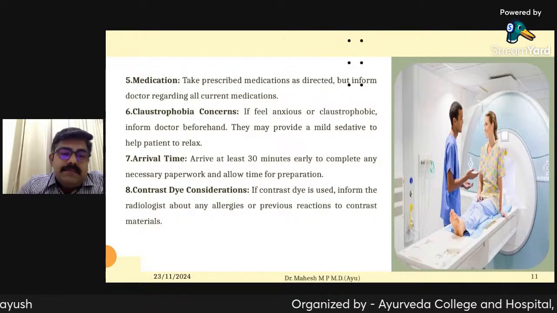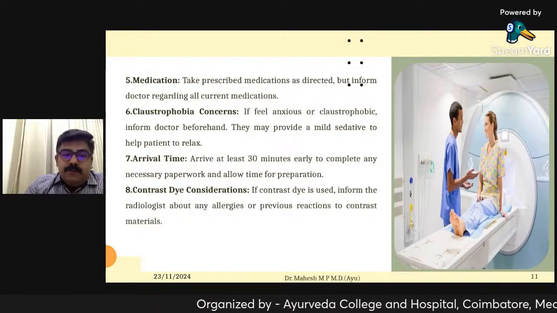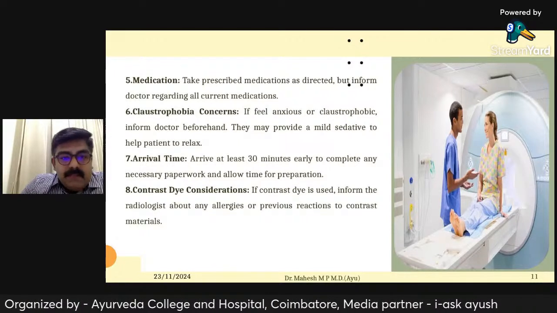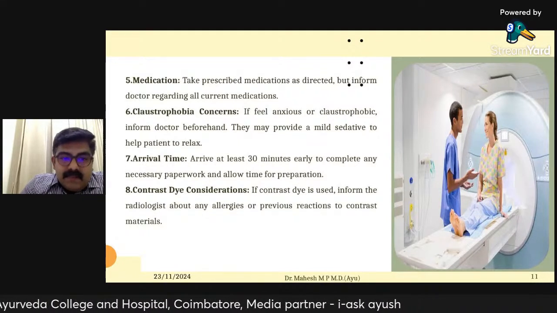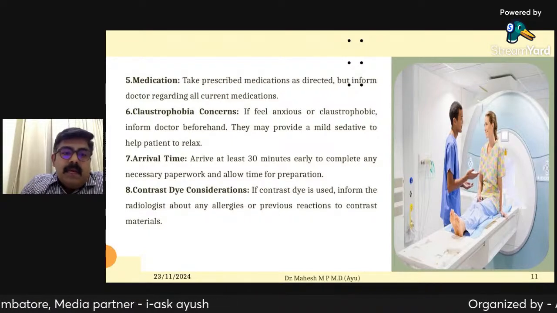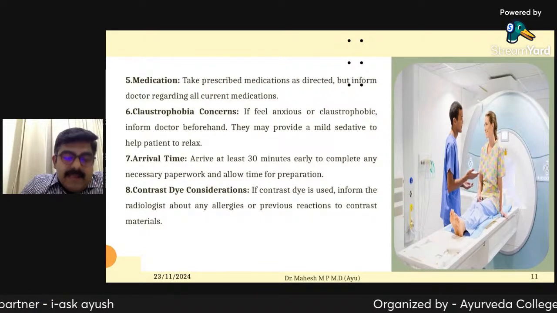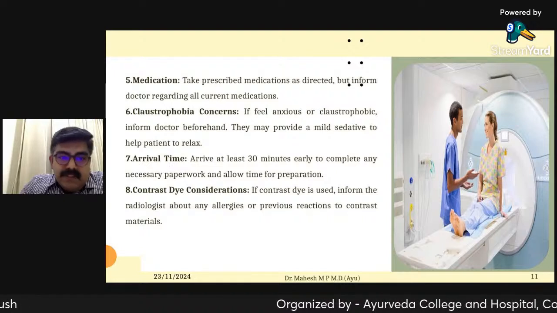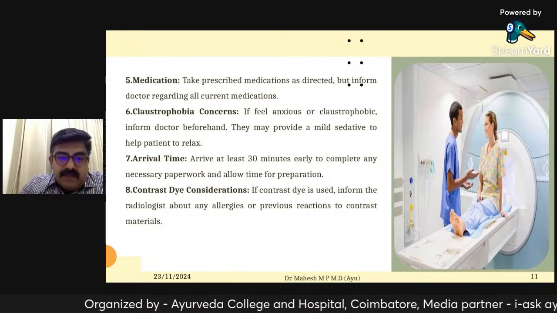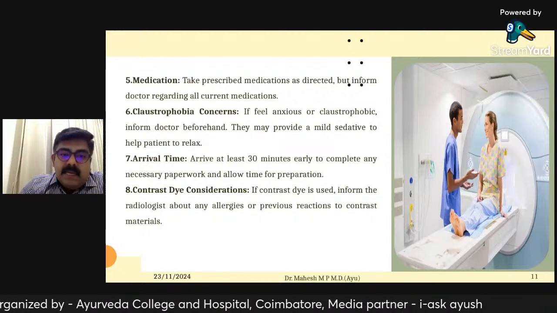Usually for an MRI, one has to reach the place at least half an hour before, and the necessary paperwork and patient preparation are very necessary. Regarding contrast dye considerations, for an angiogram or brain angiogram, it is used when contrast dye is being given.